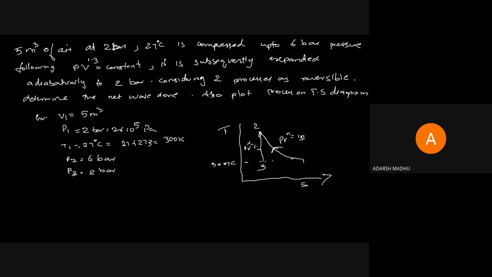Total heat flow Q equals U2 minus U1 plus W. For adiabatic and polytropic processes, the change in internal energy U2 minus U1 equals 0.